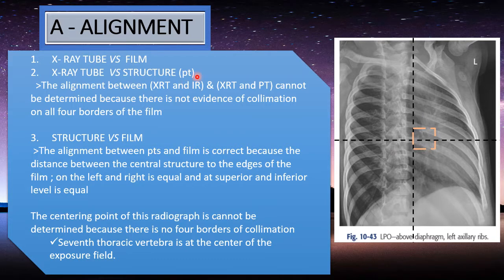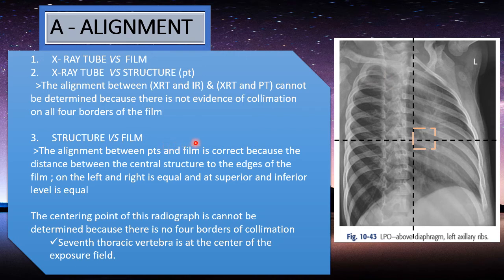A for alignment for oblique. First, the alignment between the tube, IR and patient cannot be determined because there is no evidence of collimation on all four borders of the film. And last, the structure versus film.